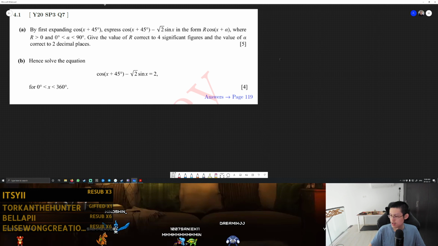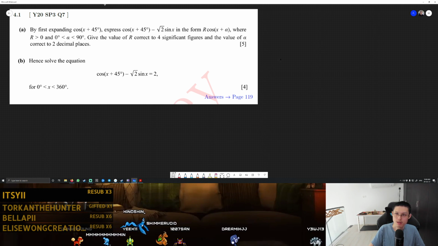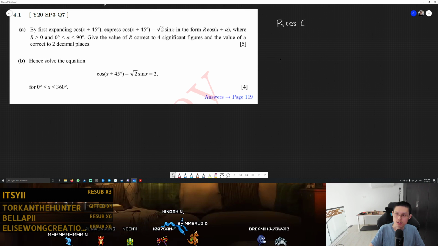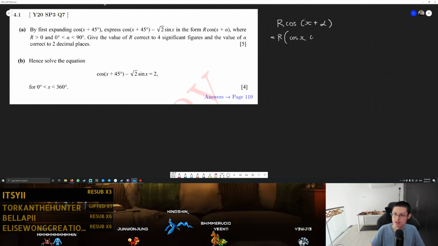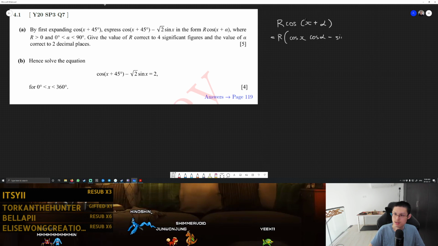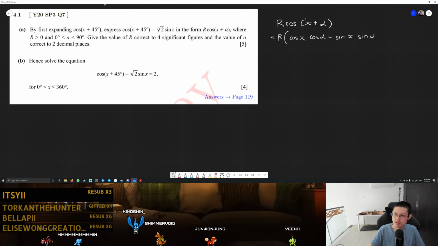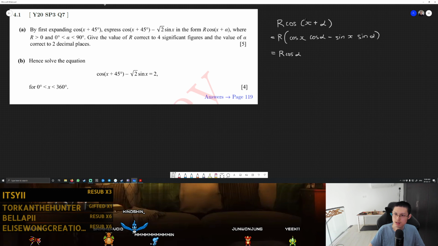Okay, so we have r cos(x plus alpha). So you want to work backwards. You start with this, expand this, so that's going to give you r cos, sine, rearrange it so that all the constants are grouped together.